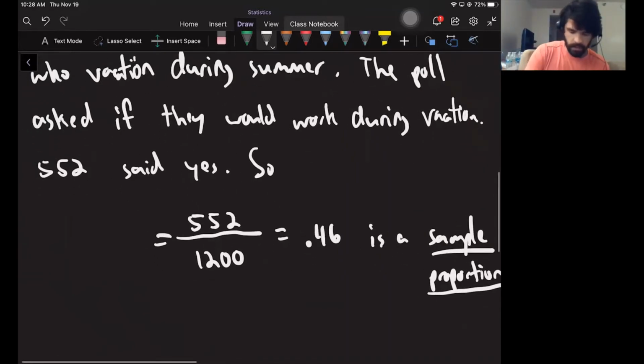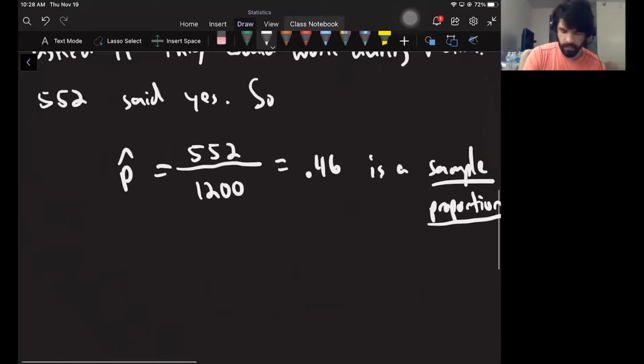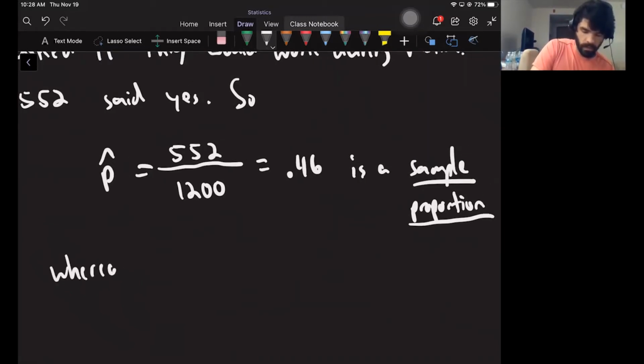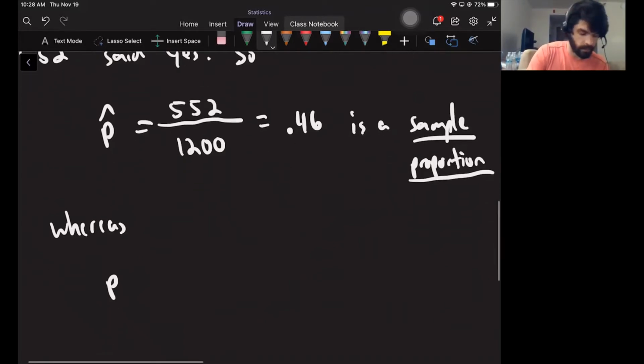And so what we do is we call it P with a little hat on top. And that's notation that's going to keep coming up later. So P with a little hat on it is a sample proportion, whereas no hat, just the letter P, is always going to be the actual proportion.